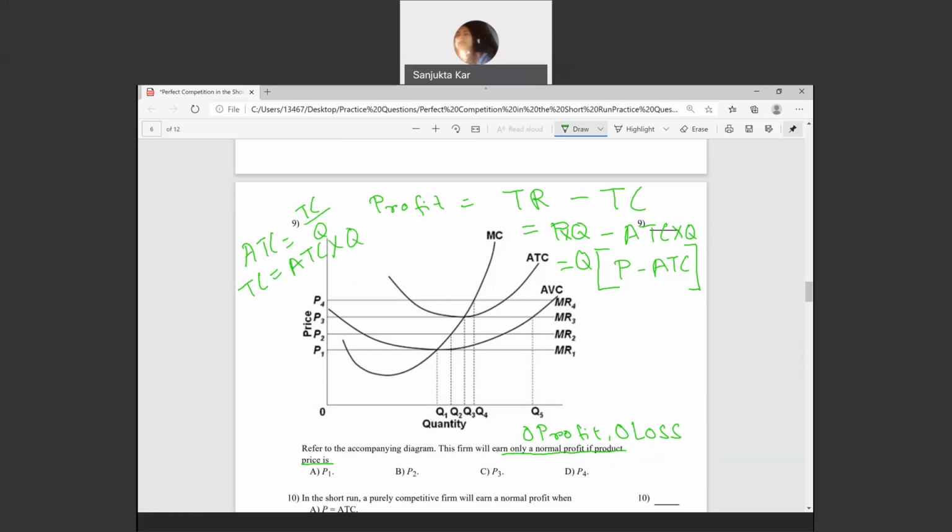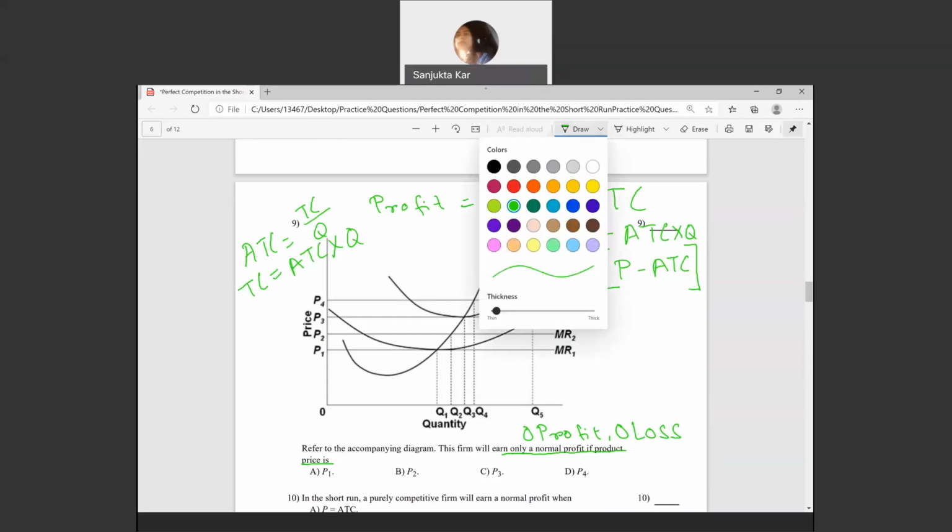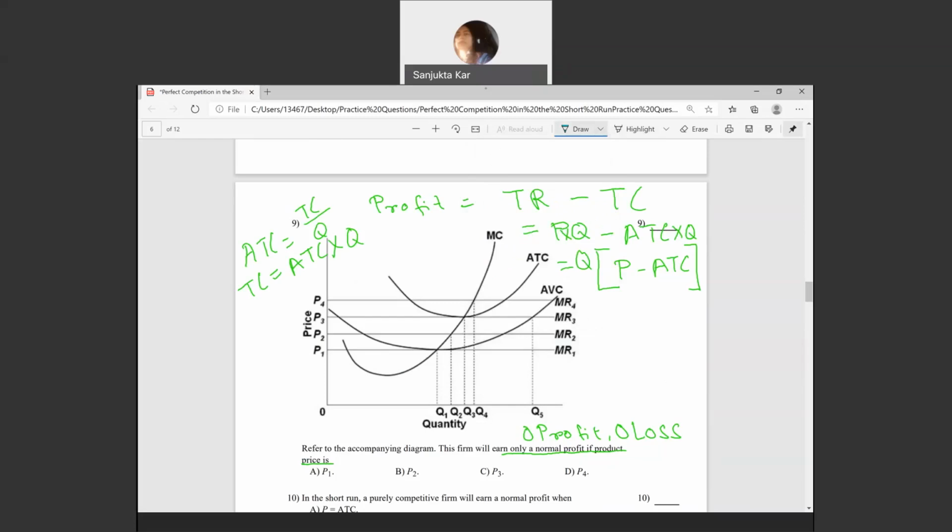So profit means this whole thing will be equal to 0. Normal profit means no profit, no loss. That means this whole thing in brackets will be equal to 0.